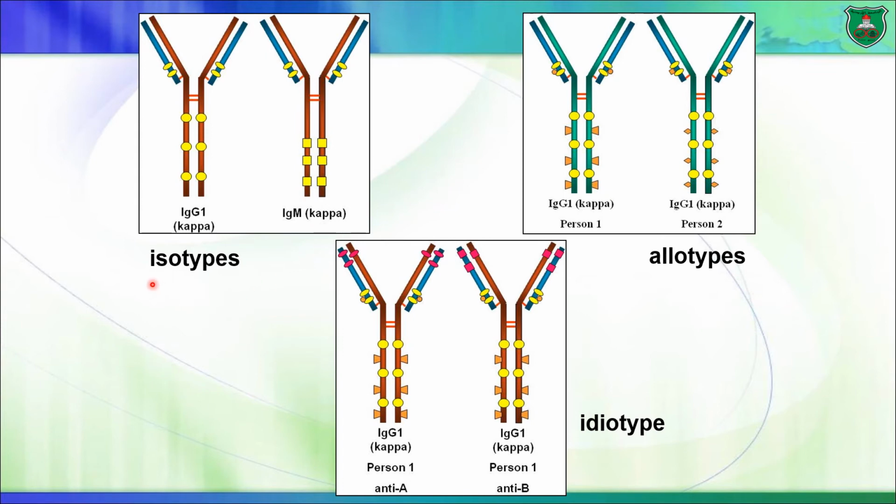So antibodies can be isotypes. So meaning that you can have two antibodies with different constant regions, but the variable region is basically the same. Okay, this happens in case of class switching, right?